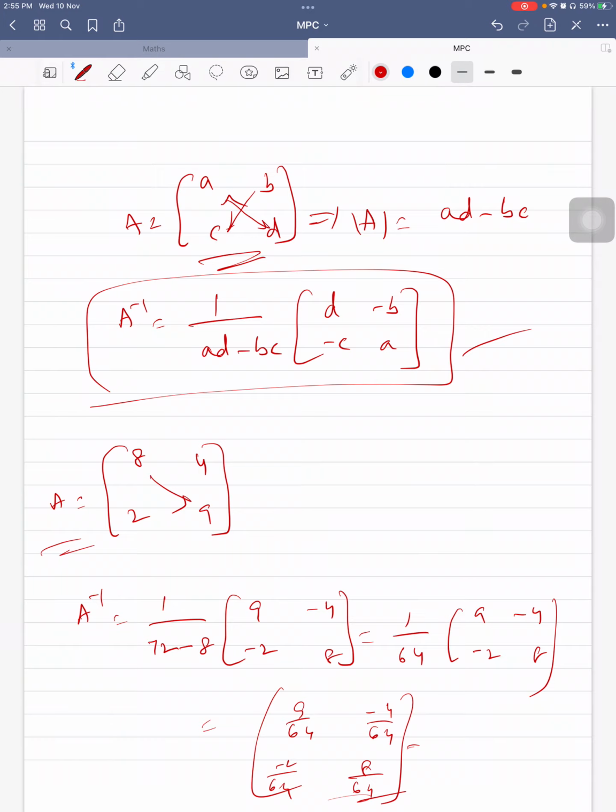Now we see one more. Let A equal to [cos alpha, minus sin alpha, 0; sin alpha, cos alpha, 0; 0, 0, 1].